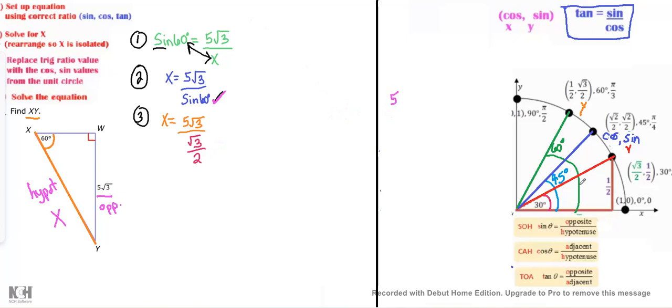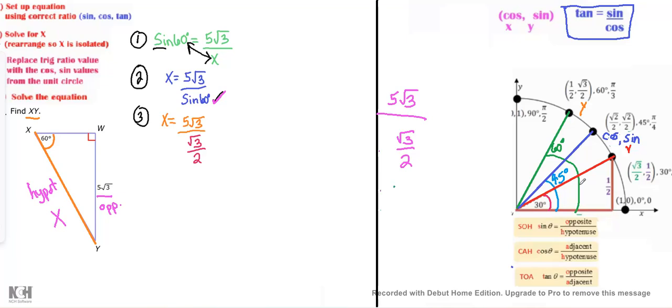We have 5 times the square root of 3 divided by 2. Okay, so what we're going to do is multiply because we're not going to divide because they're fractions.